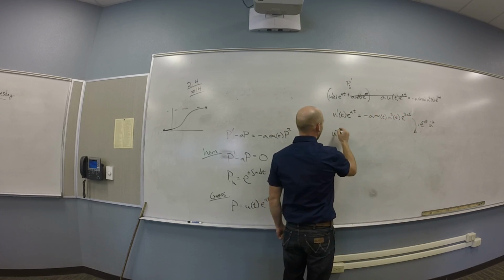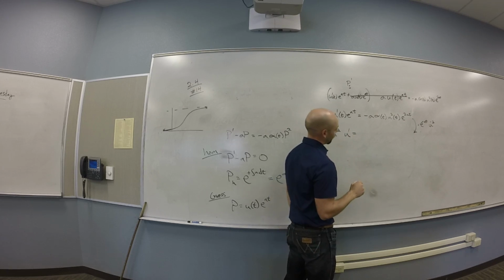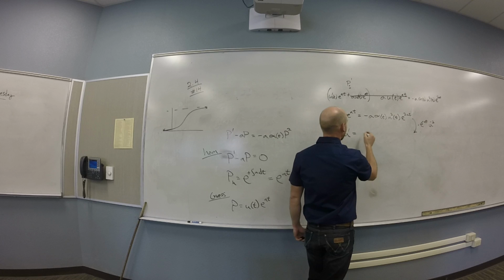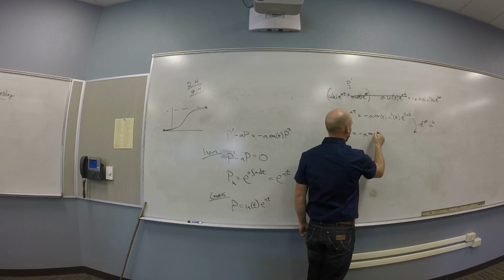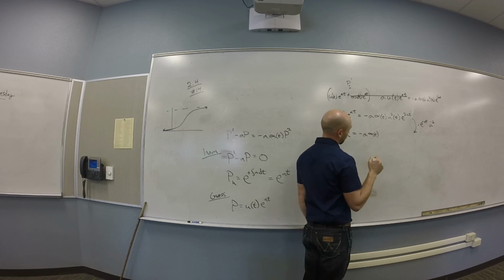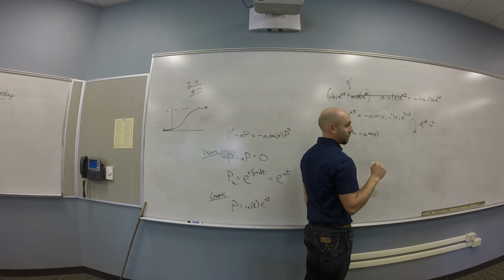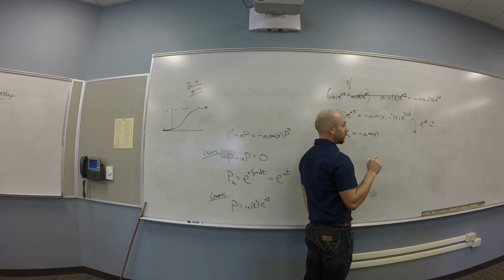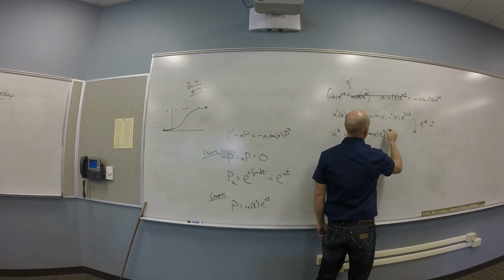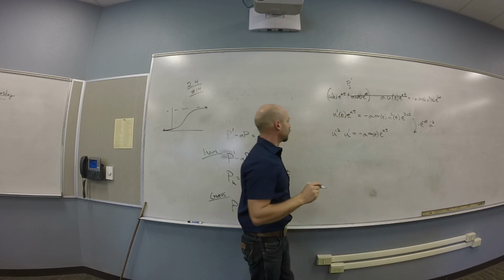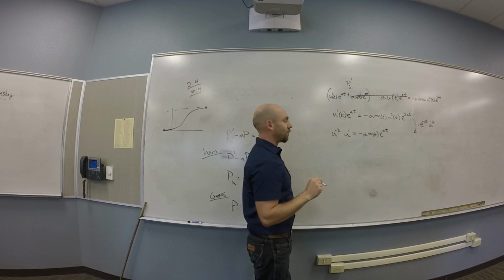Okay, so I got u to the minus 2, u prime. I'm dropping my dependence on t because I'm tired of writing it down. And on the other side, I got minus a alpha of t, and then u, e to the at. Okay, so then I should separate.